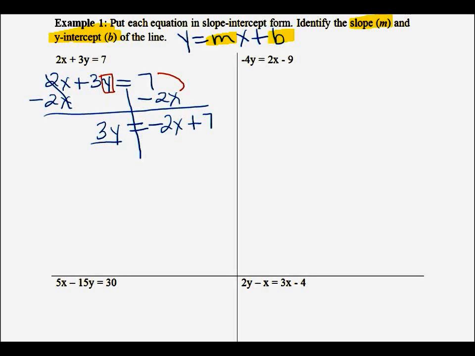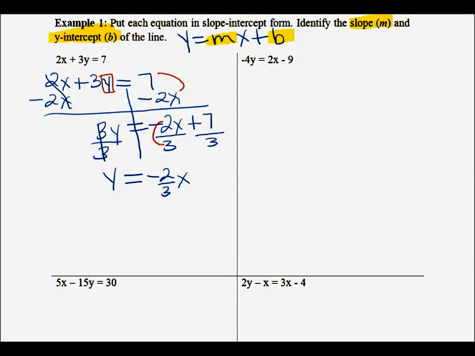Now I'll need to divide everything by 3. 3's cancel out, leaving me with y equals, now when I get here, I look to see if I can reduce. I have a negative 2 divided by 3. I can't reduce, so that leaves that as negative 2 thirds x.